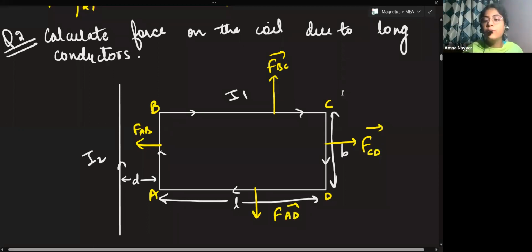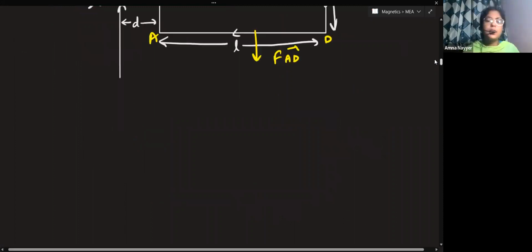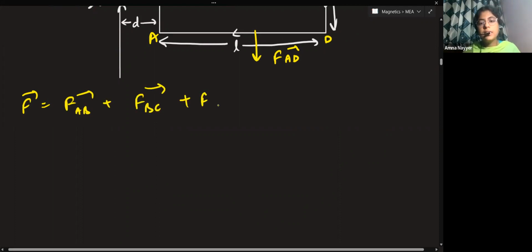All right, so net force on this coil will be the sum of all the forces. It means F will be equal to FAB plus FBC plus FCD plus FDA.